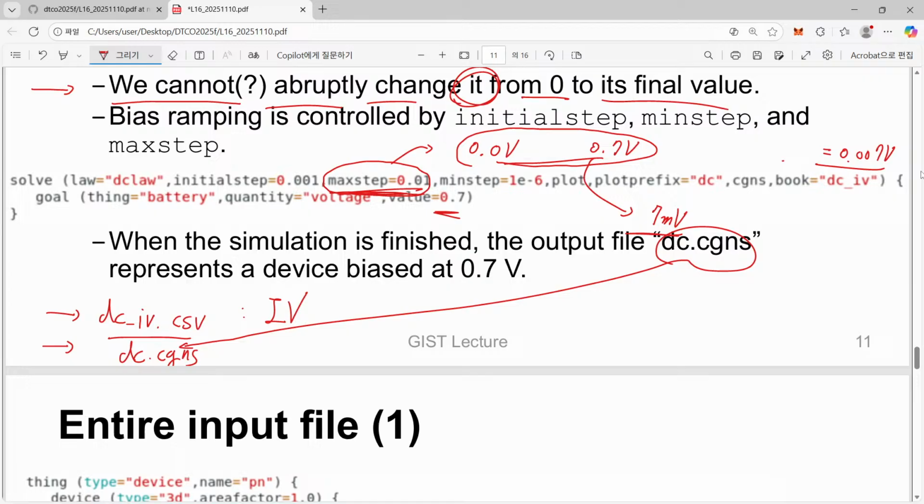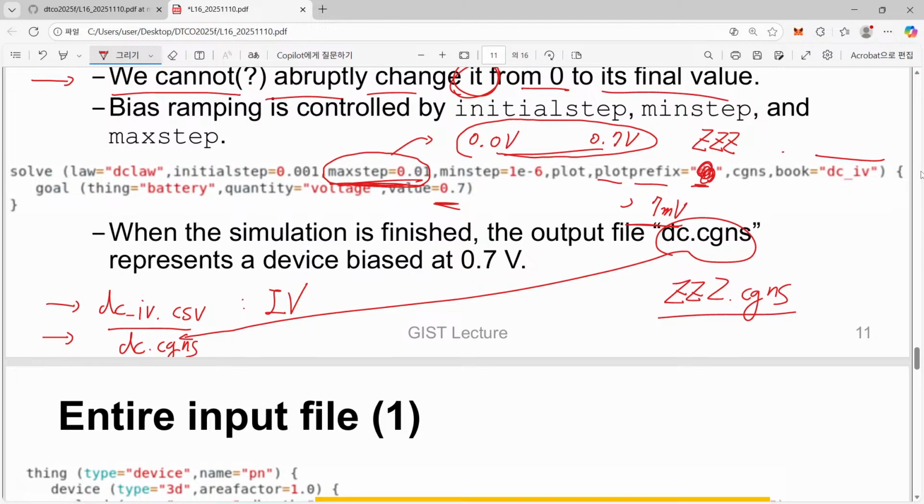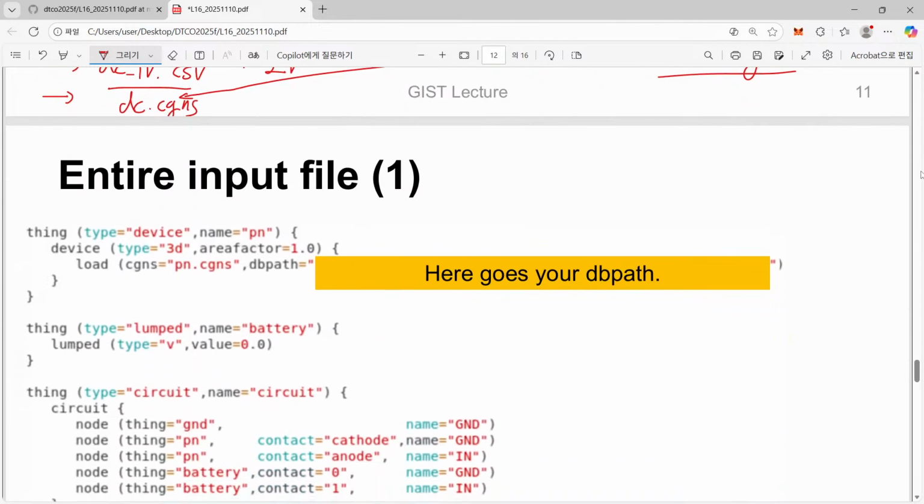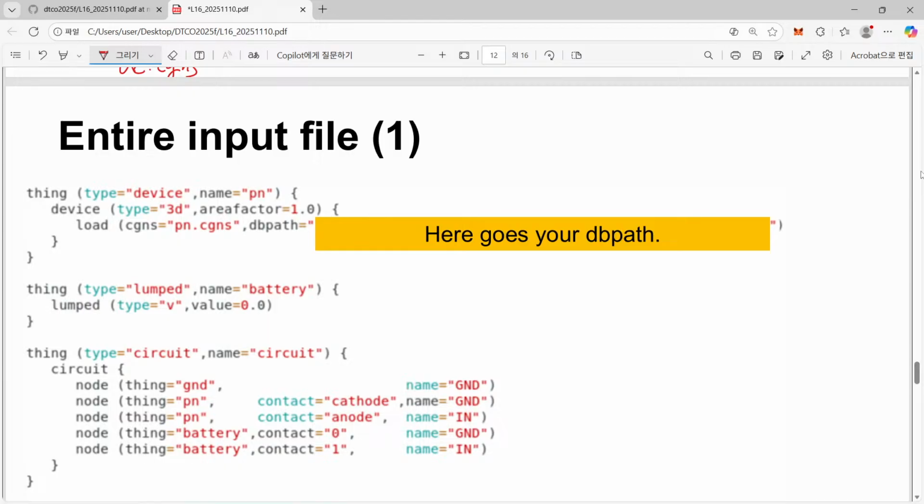It is saved there because it specifies the plot prefix as DC. So that's the reason why you have DC.CGNS. Instead of that, if you say GGG, then you will have the output file called GGG.CGNS.